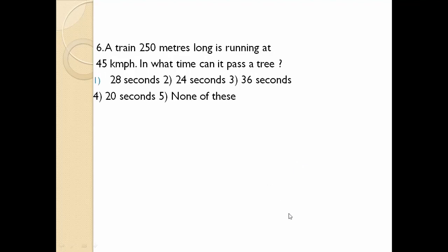Now come to here. A train 250 meters long is running at 45 kilometer per hour. In what time can it pass a tree? Whenever a train crosses a tree or a man or a telegraph post, time equals distance by speed, where the distance is the length of the train only.